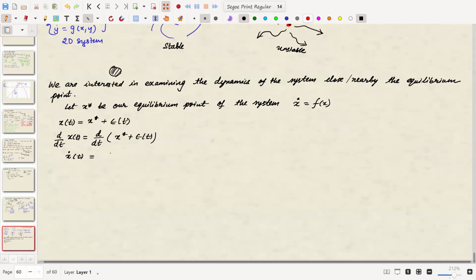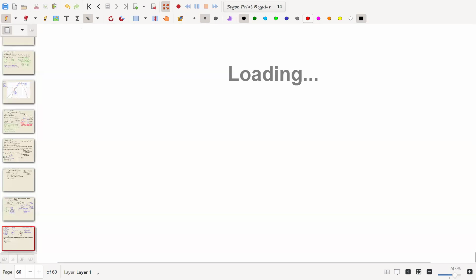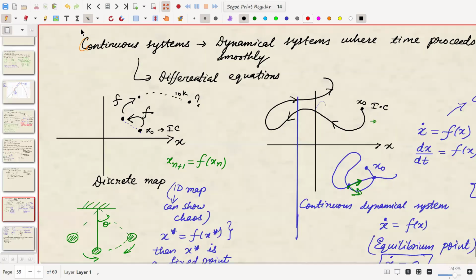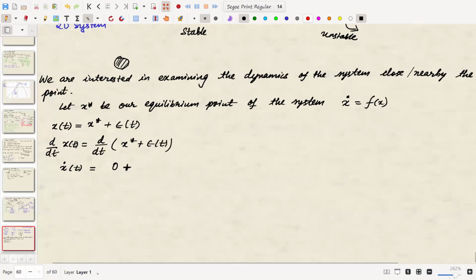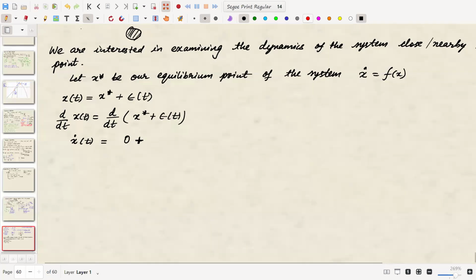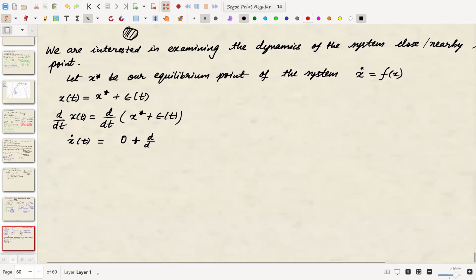So this is 0 plus d by dt of epsilon of t, which is epsilon dot of t. Fine with you? So we got that the rate of change of x, the state variable, is the same as the rate of change of the perturbation epsilon. That's the idea here.